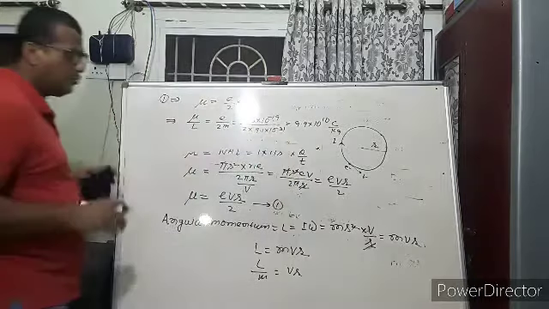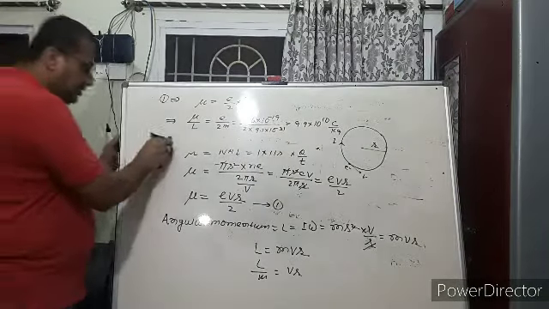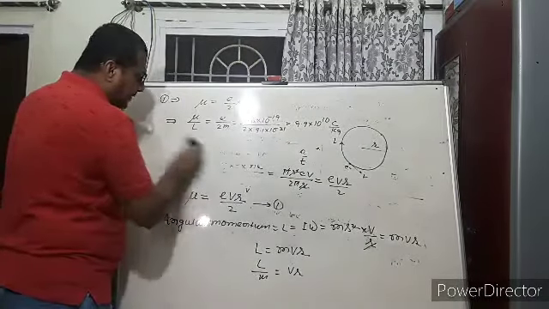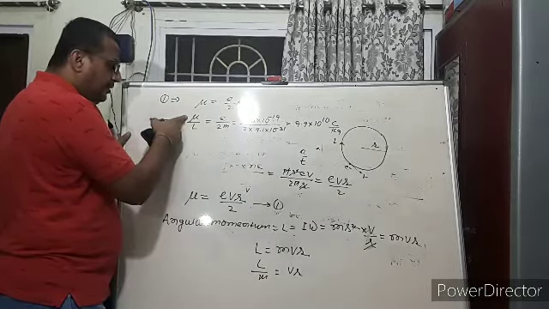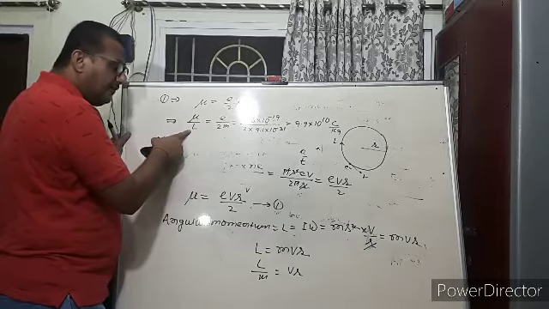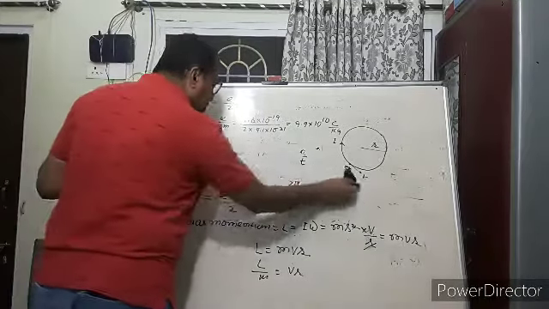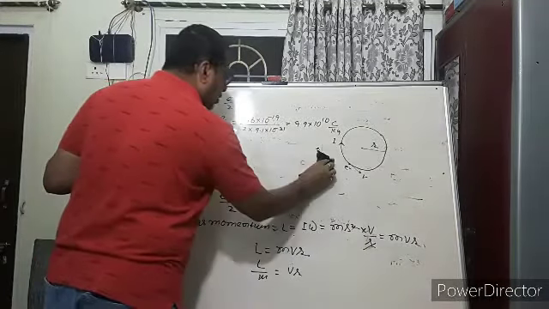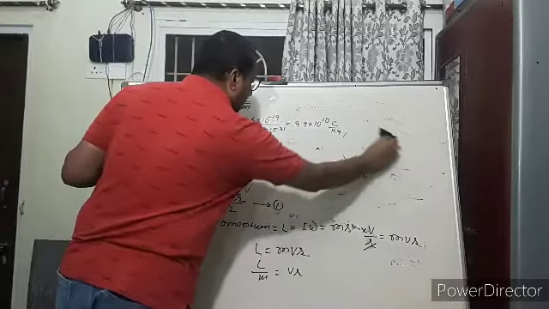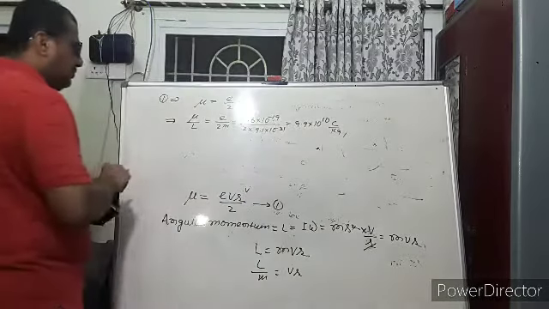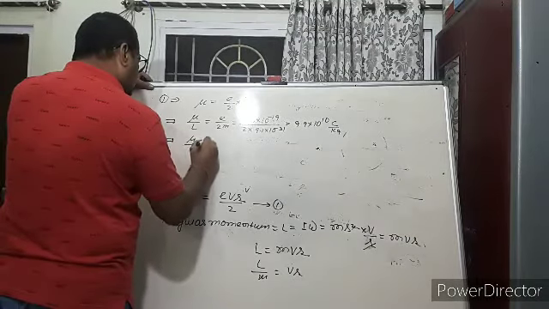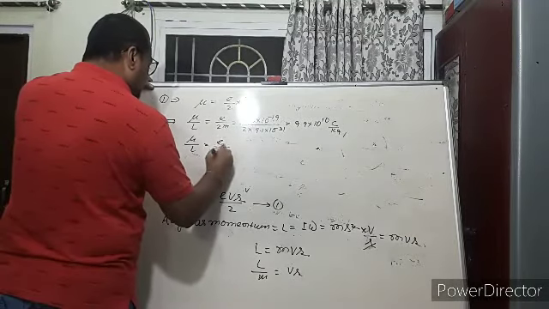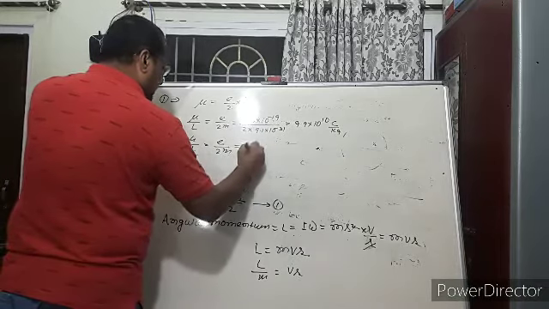It is a constant quantity. This means the ratio of orbital magnetic moment and angular momentum of an electron in an orbit is constant, and this constant is called the gyromagnetic constant. So mu by L is equal to e by 2m. It is called the gyromagnetic constant.